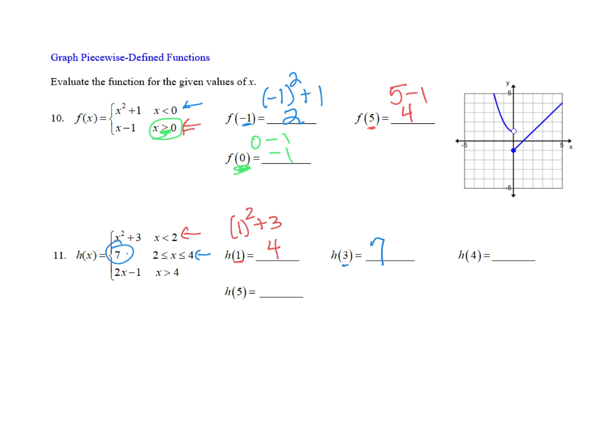And what about h of 4? Where is the equal to in this problem? The equal to is right here on the middle, so this one also equals 7. Lastly, h of 5. Well, 5 is greater than 4, so we're on this bottom one. So we're going to do 2 times 5 minus 1. That's 10 minus 1, which is 9.